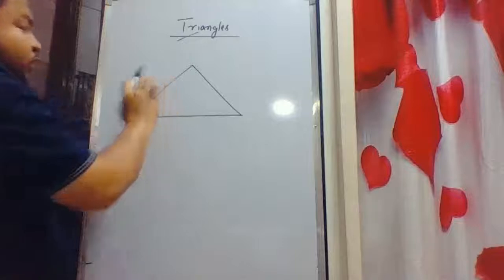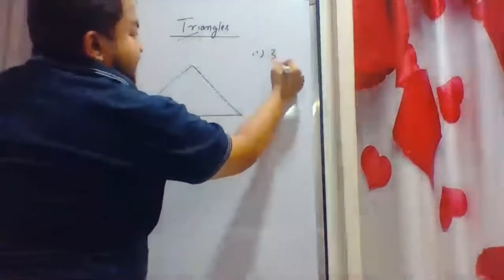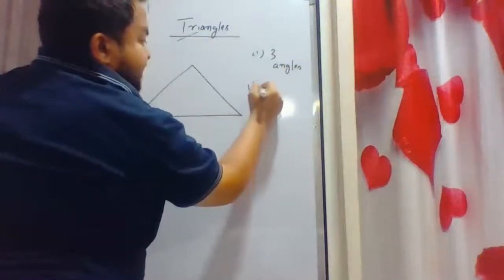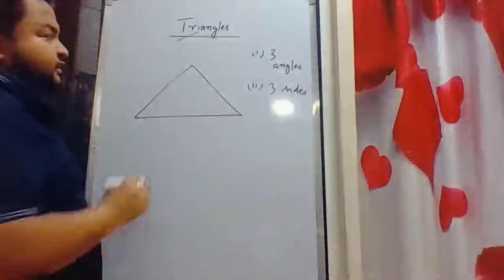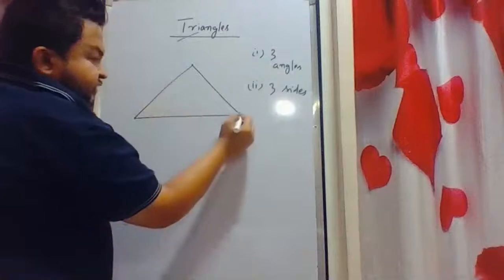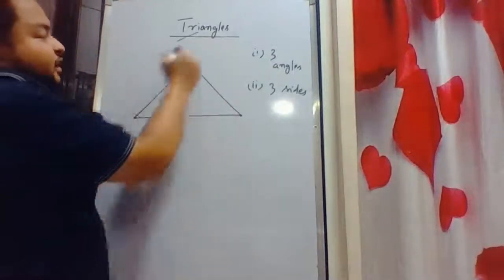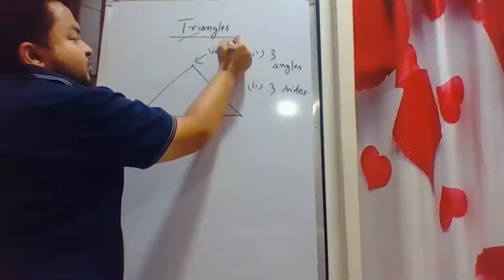First and foremost, obviously a triangle has three angles, and obviously it has three sides. What else? These three points, which are actually limiting a triangle, are called vertices.